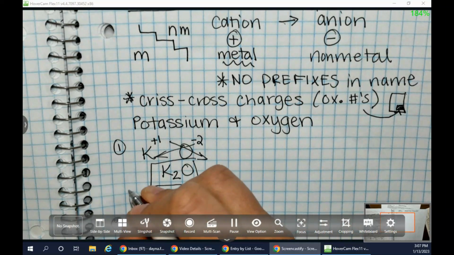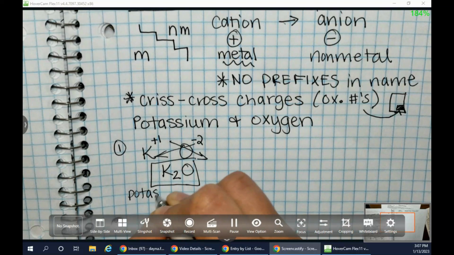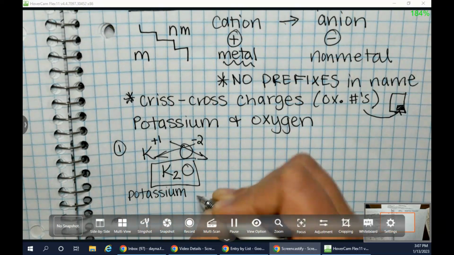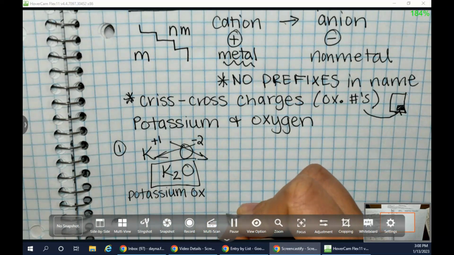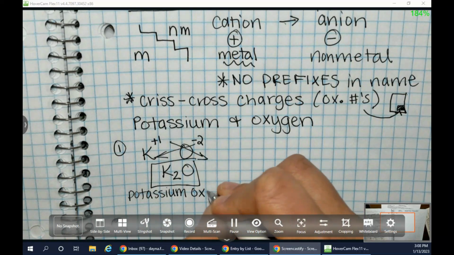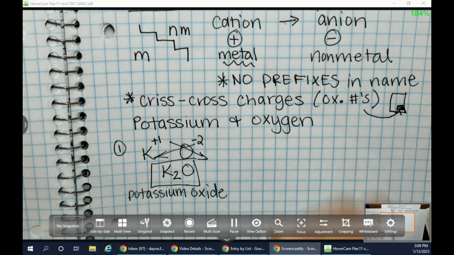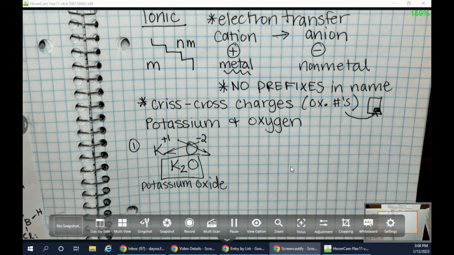When you're asked to name it, you would name it the metal and then your nonmetal ending in "ide." So we wouldn't say oxygen, we would say oxide. And remember, if you say oxygenide, that's okay, because I will know that you were attempting to end in IDE, which is a big deal. So that's step 1 when you're asked to show the transfer.